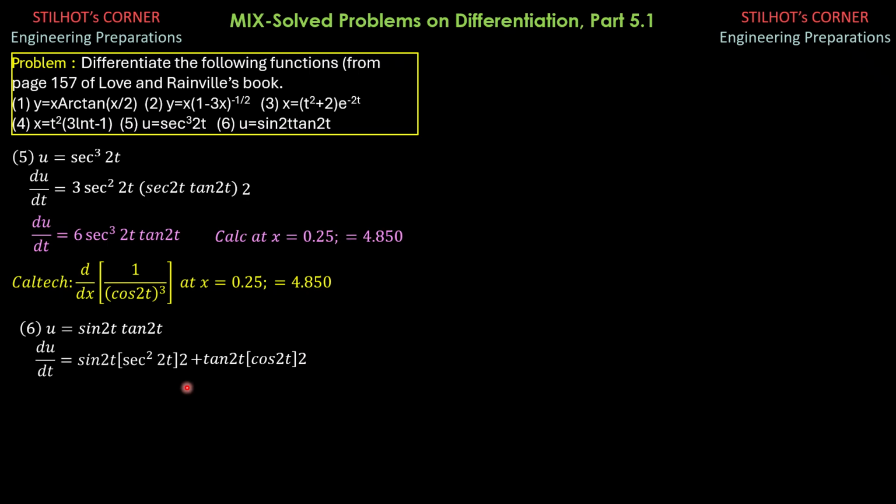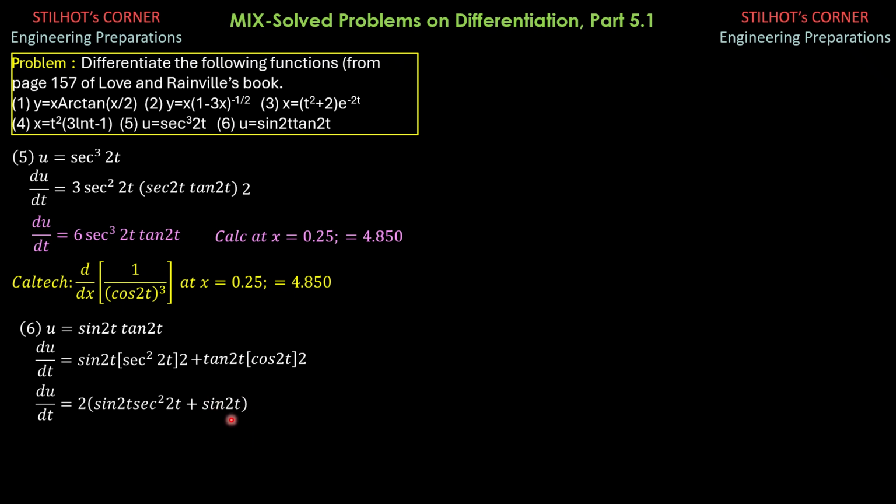So simplifying, du/dt is equal to 2 sine 2t secant squared 2t plus sine 2t, because tangent 2t times cosine of 2t is sine 2t. Sine over cosine, cancel cosine.